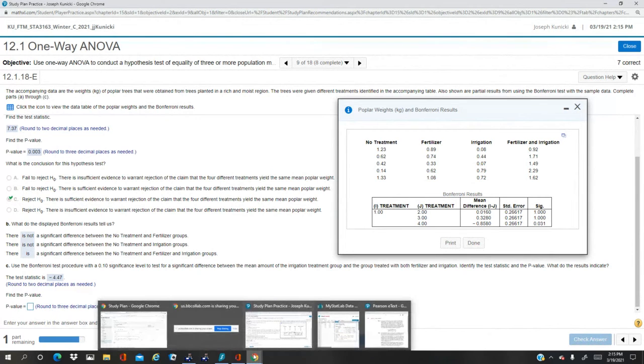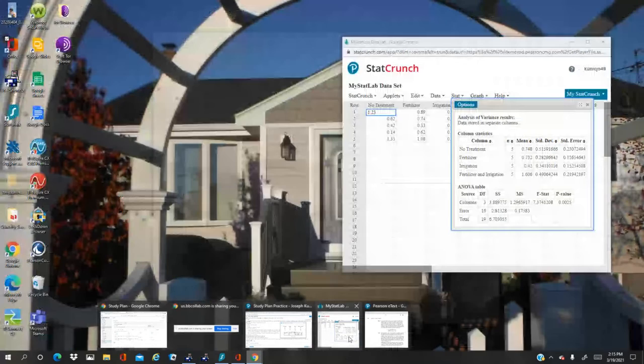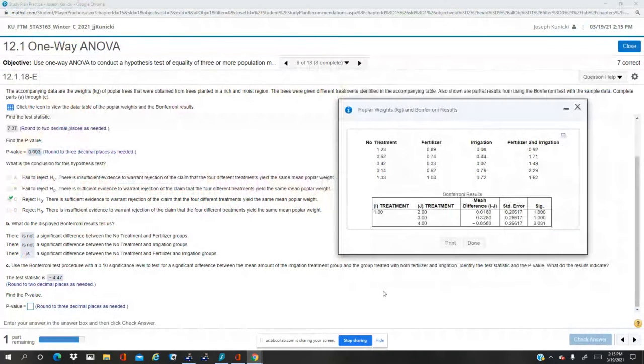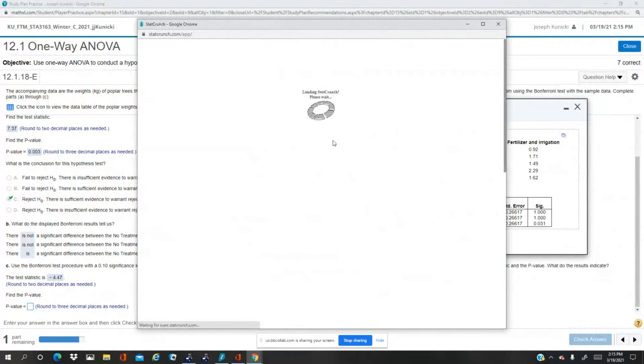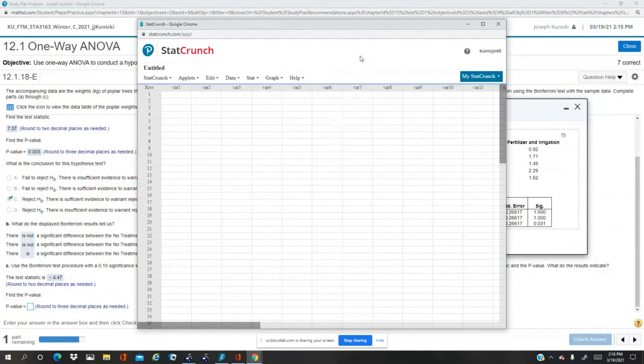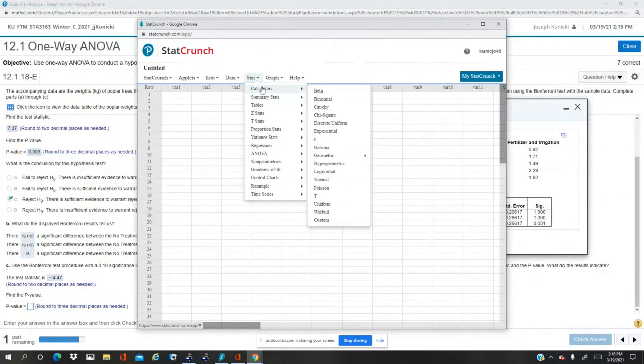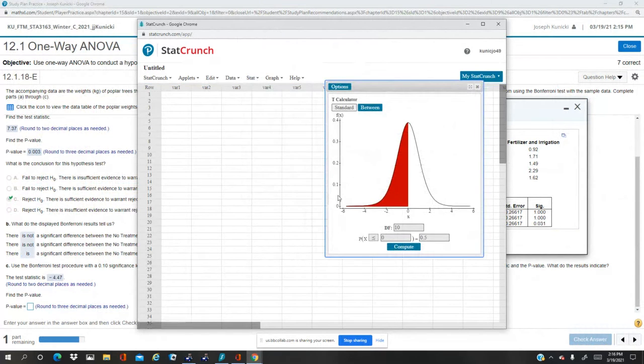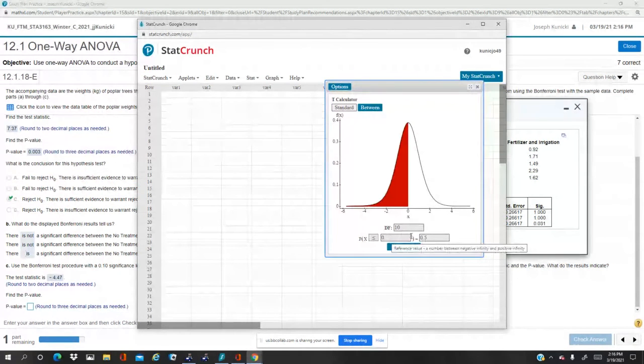To do that, I have to open up StatCrunch. Let's open up StatCrunch directly. Again, we'll leave the other one open because we may have to go back there. I go to Calculators, t-stat.